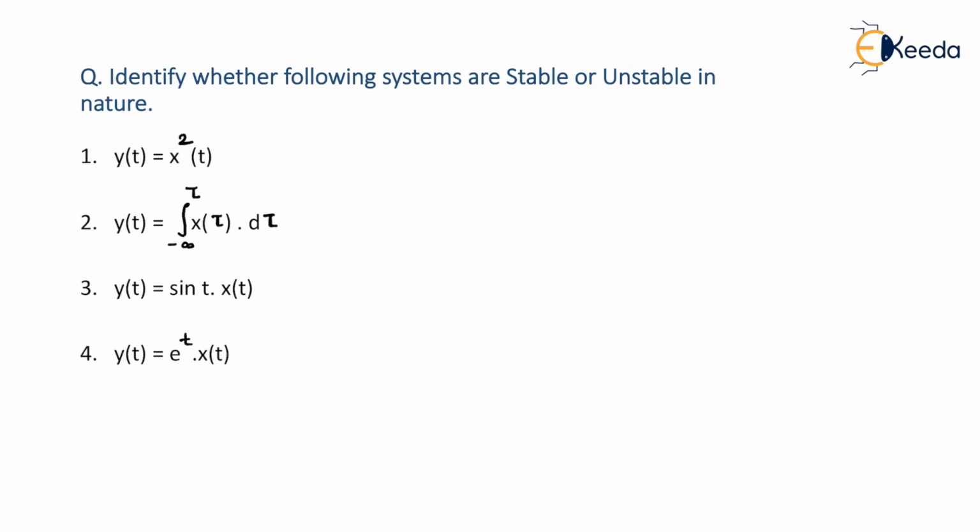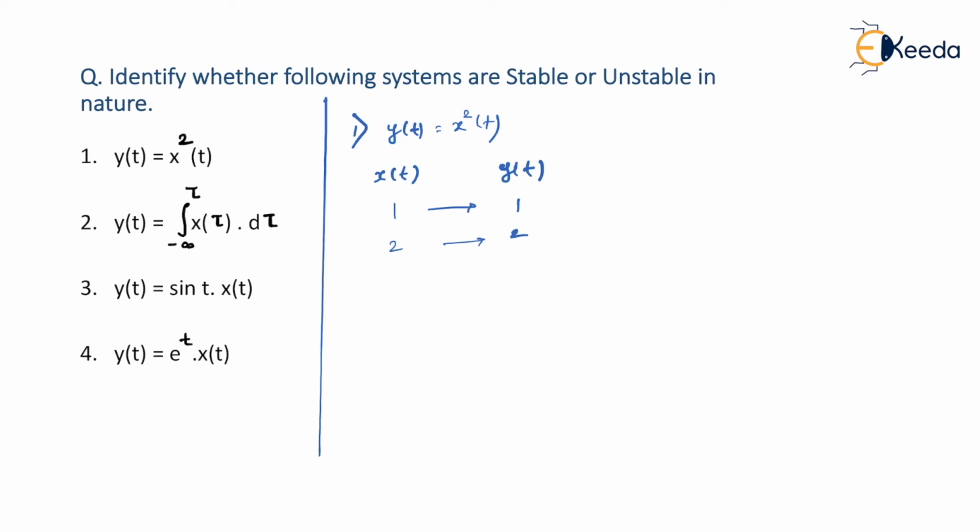So here set of examples are given. y of t is equal to x square of t. So we'll start with first example first. So what I'll do, I'll write x of t versus y of t. Let's say if x of t is 1, y of t will be square of x of t, that is 1. Let's say if x of t is 2, then y of t will become 4.